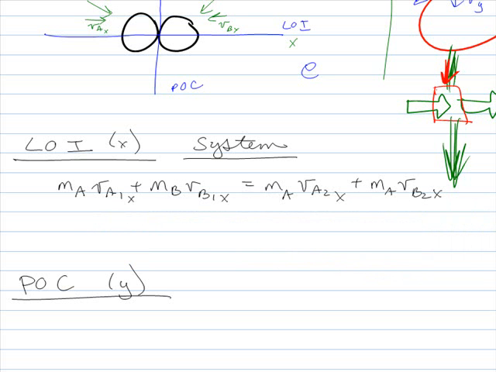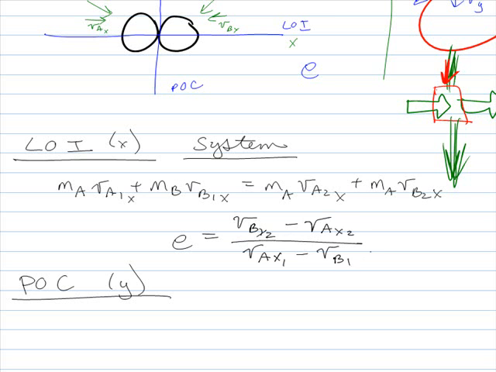So the way that we include that information about the restitution and the smushing is by using our coefficient of restitution: VB2x minus VA2x over VA1x minus VB1x.